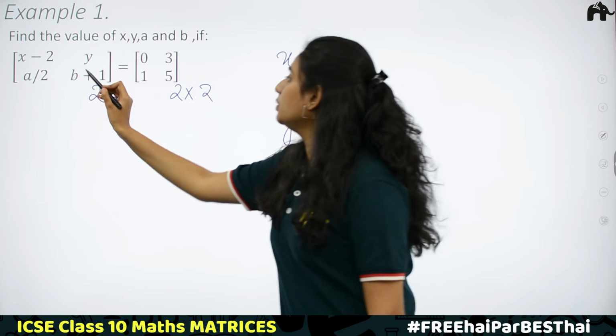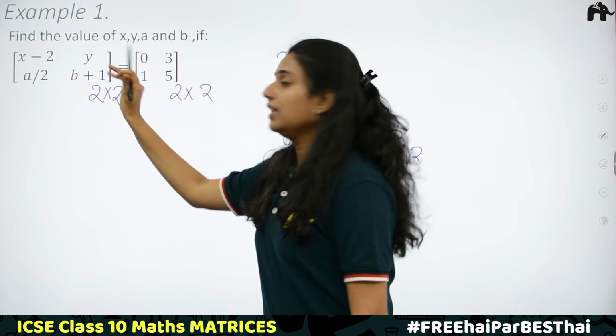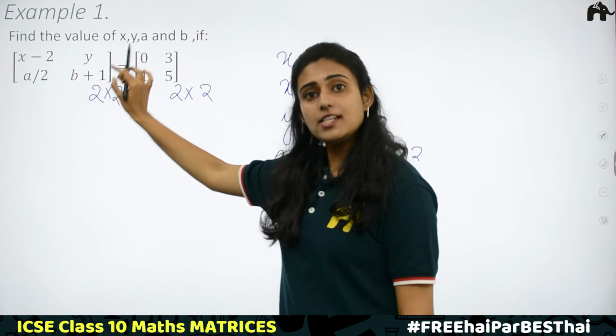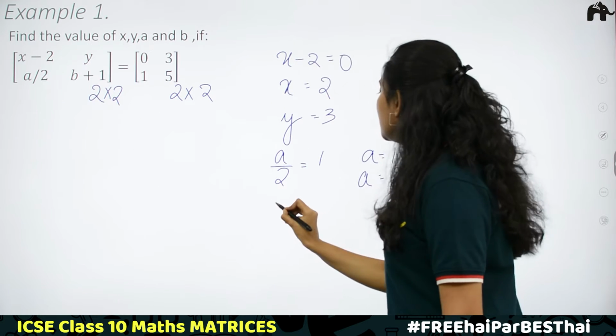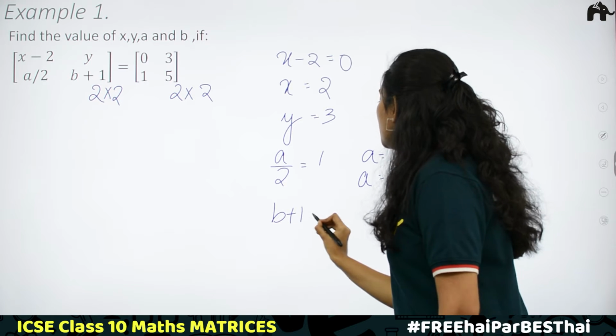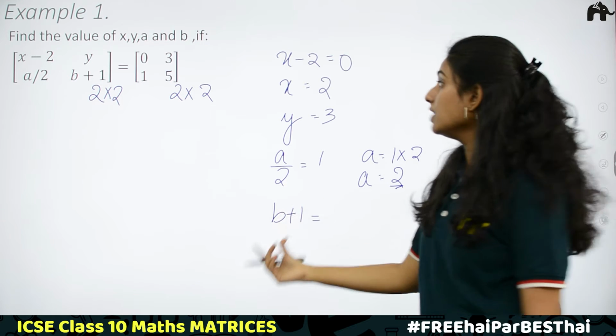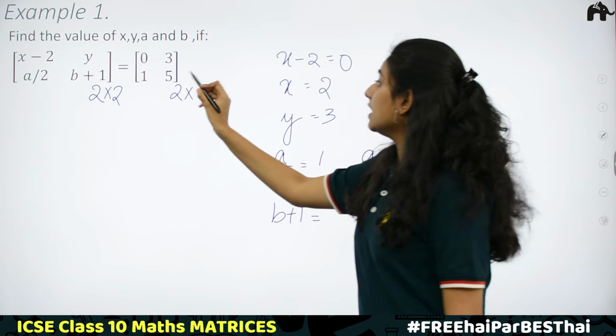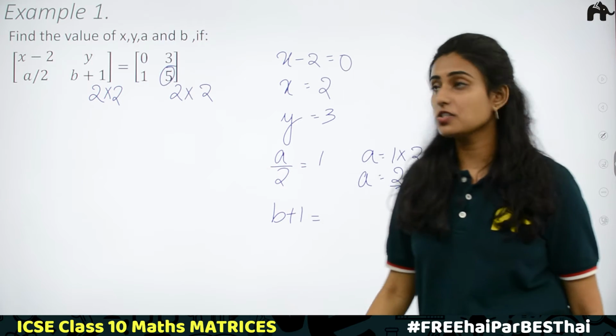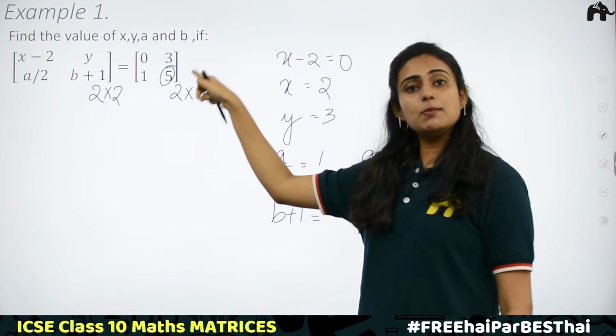Now the fourth one, the element that belongs to the second row and second column in the first matrix, that is b plus 1. b plus 1 should be equal to 5, because 5 is the element that belongs to the second row and second column in this matrix.